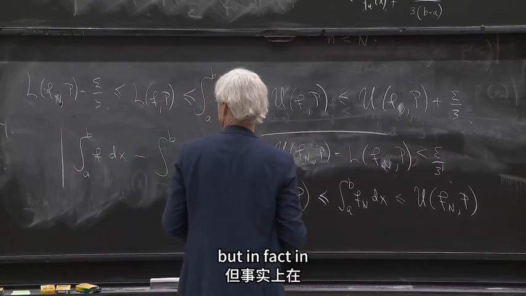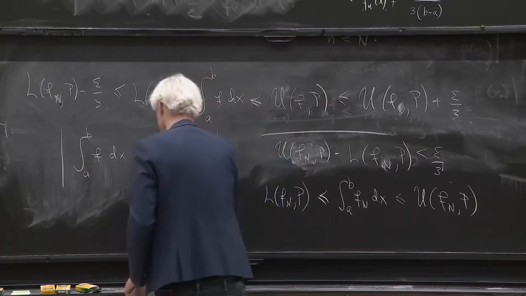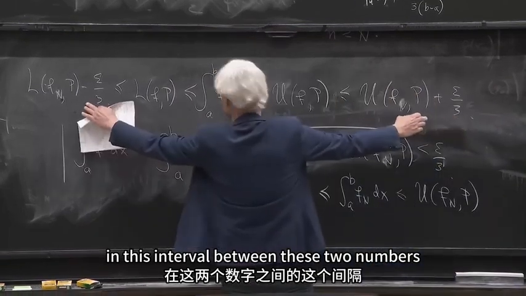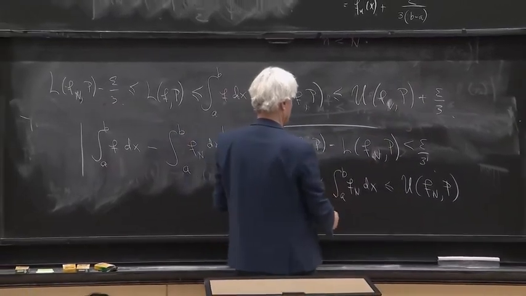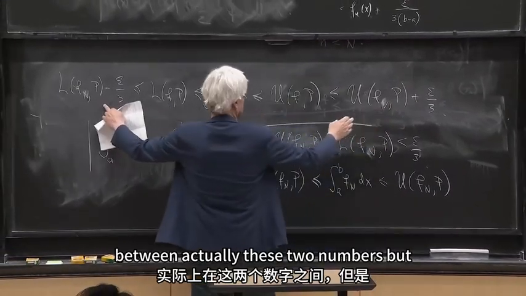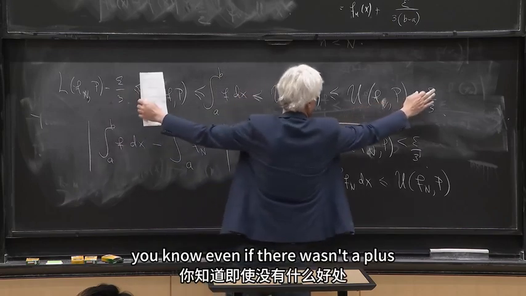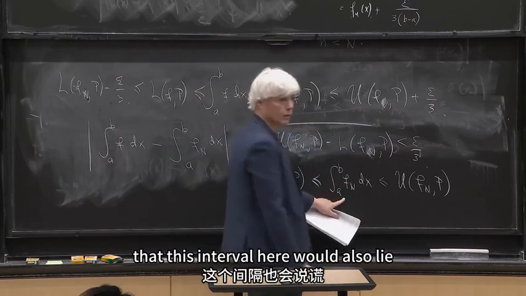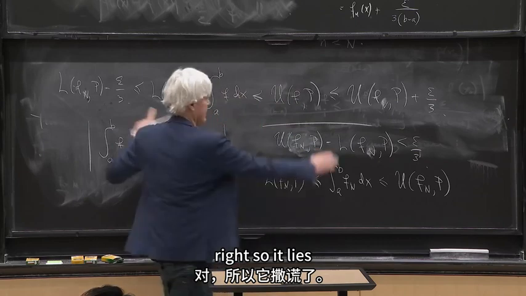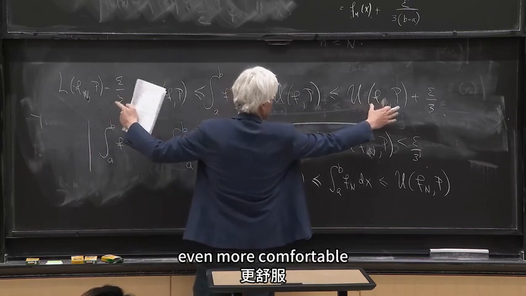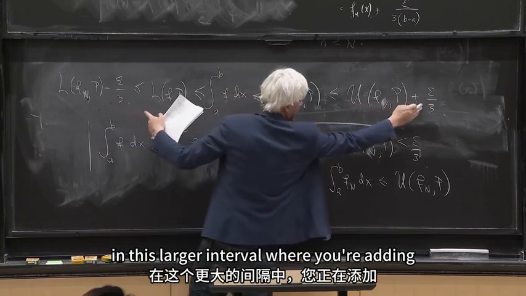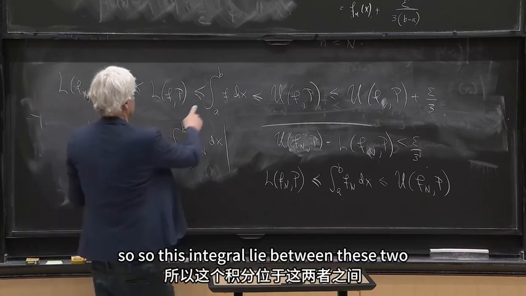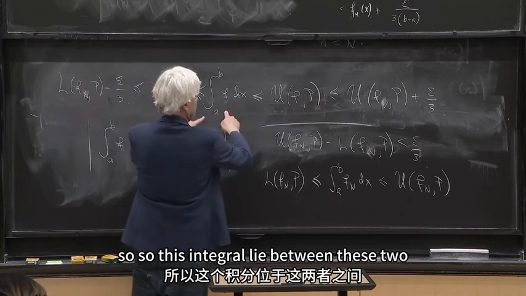But in fact, of course, in this interval between these two numbers, even if there wasn't a plus, this integral here would also lie, right? So it lies even more comfortably in this larger interval where you're adding epsilon over 3 and subtracting epsilon over 3. So this integral lies between these two.